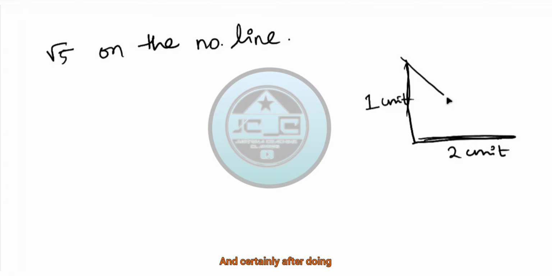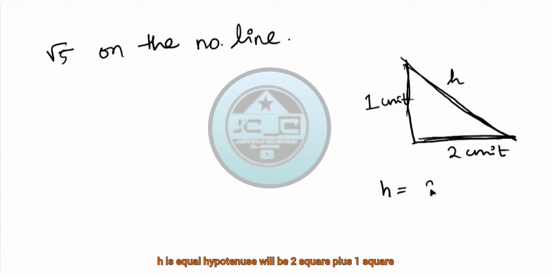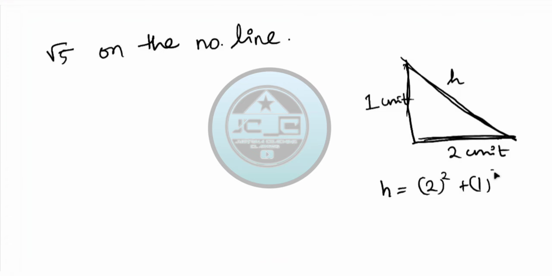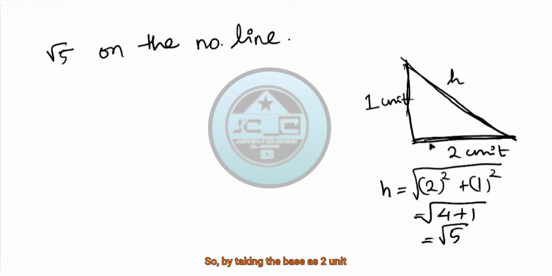Then the hypotenuse h is equal to root of 2 square plus 1 square, this is root of 4 plus 1, this is root 5. So by taking the base as 2 unit and perpendicular as 1 unit we can get the hypotenuse as root 5 unit.